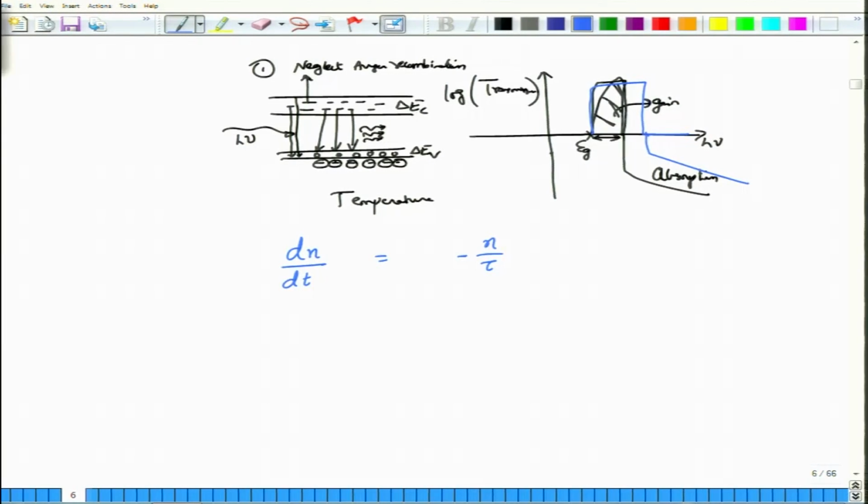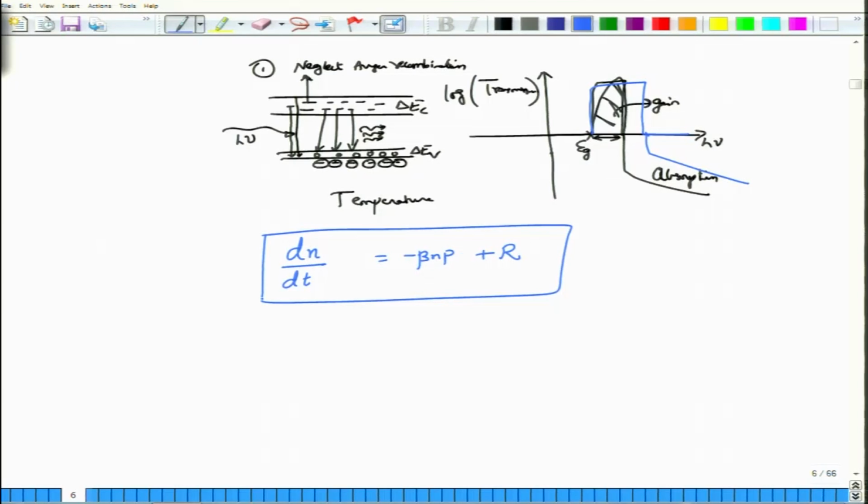Here we don't really have that. Rather, there is a recombination rate, which gives out the photons, and then there is a proportionality term which depends on the population densities of N and P. N stands for the electrons and P stands for the holes. So this is the recombination equation that we have for the case of semiconductors.